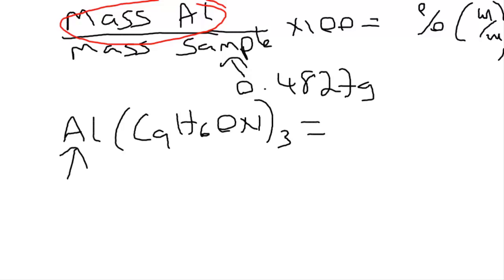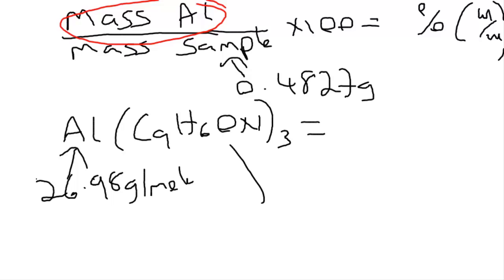So for aluminum, we can look that up in the periodic table, and it's 26.98 grams per mole. The hydroxyquinoline, we need to multiply carbon by 9, hydrogen by 6, then oxygen and nitrogen, and we get 144 grams per mole. Remember that there are three of them, so we have to multiply by 3.